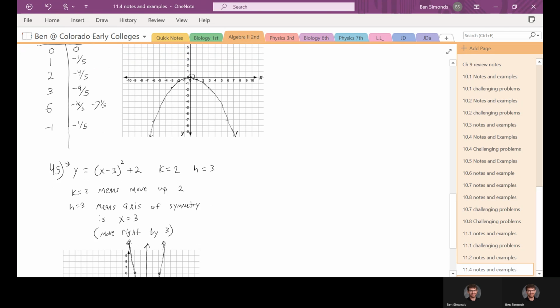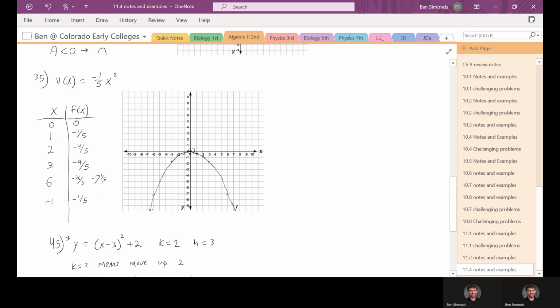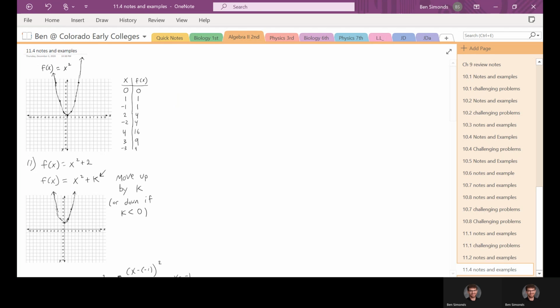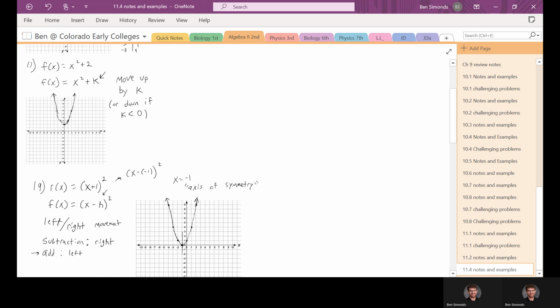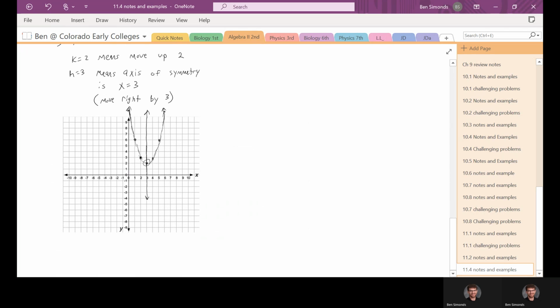So the vertex is the center point, either at the top or bottom of the parabola. If we scroll all the way back up to our basic x squared here, the vertex is just 0, 0. So that is our standard quadratic vertex.